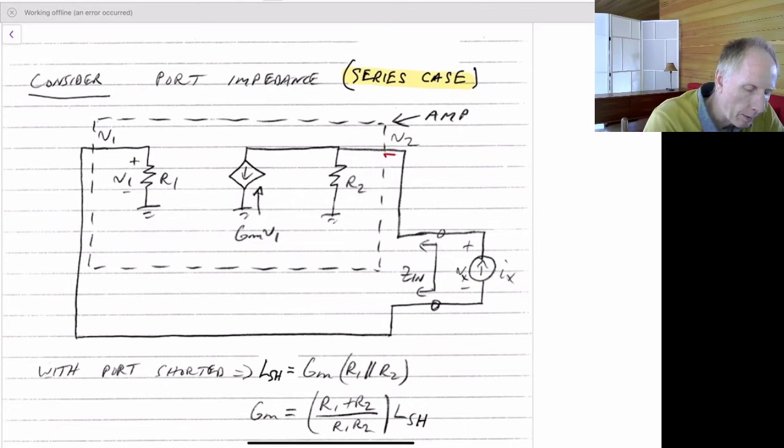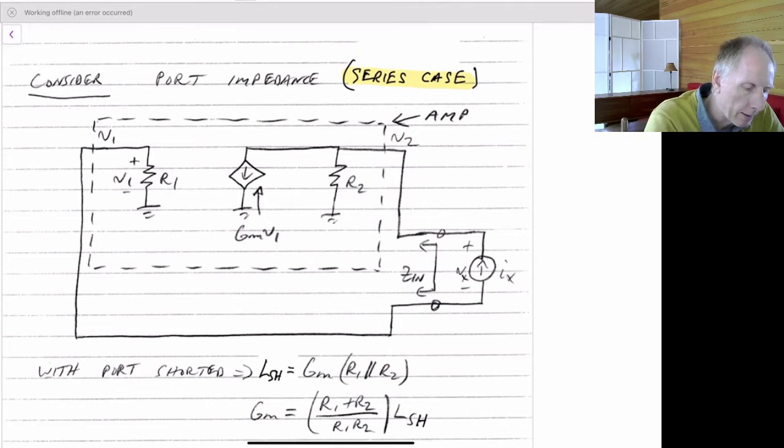Our loop, remember, is this wire here that's going all the way around. But in this case here, we've actually put our port impedance here and then back around. So if we short this port, we would have our normal feedback loop. If we left it open, we would have broken the feedback loop. So that's why we call this a series case.